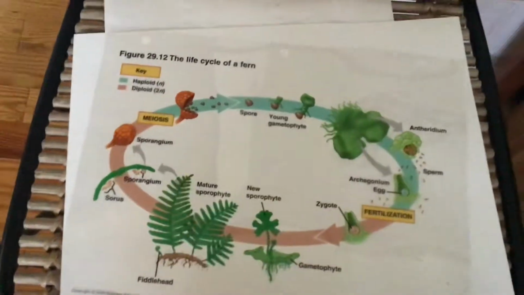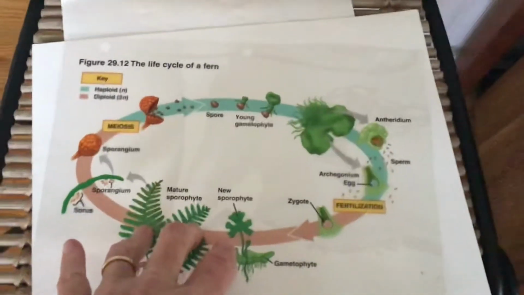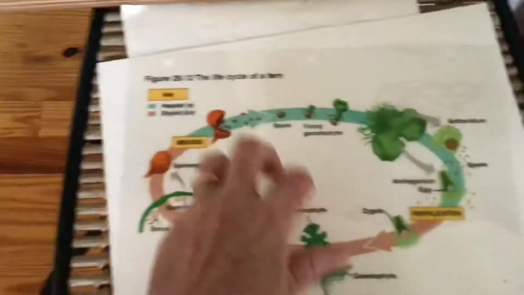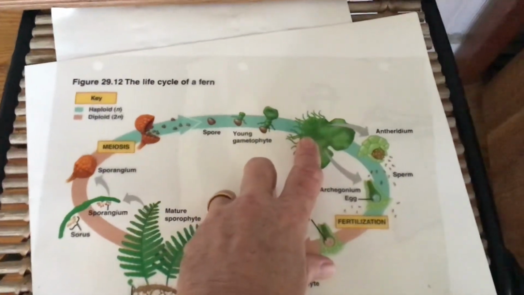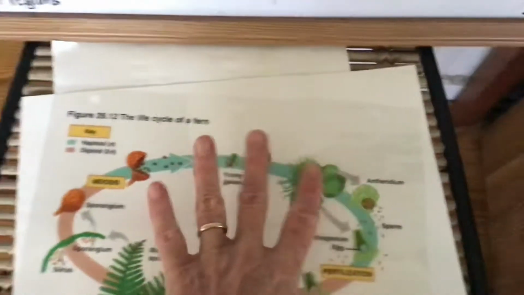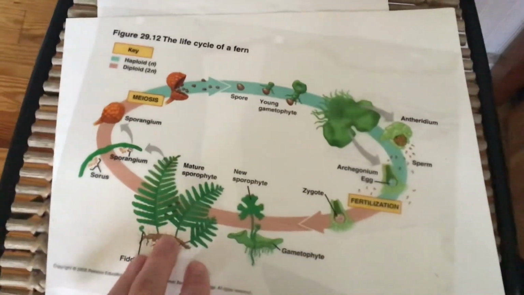If you saw a fern in the ecosystem, you would be looking at the sporophyte. This is what they mean by reduction of the gametophyte, because the gametophytic part of the life cycle is now reduced to a small feature. In the lab, you'll see how small they are compared to these. In the life cycle here, they've drawn them larger, but they're really not as large as these.